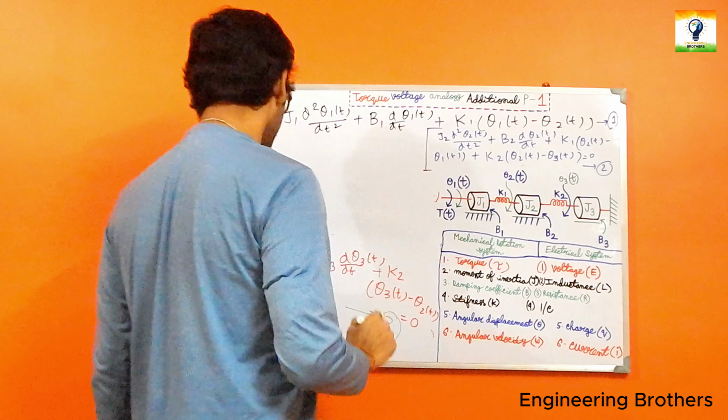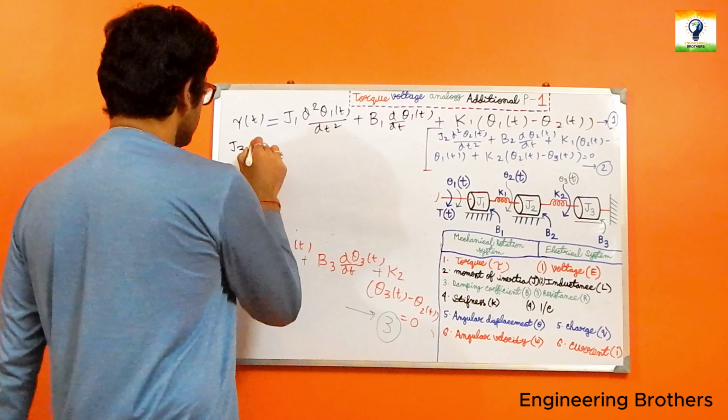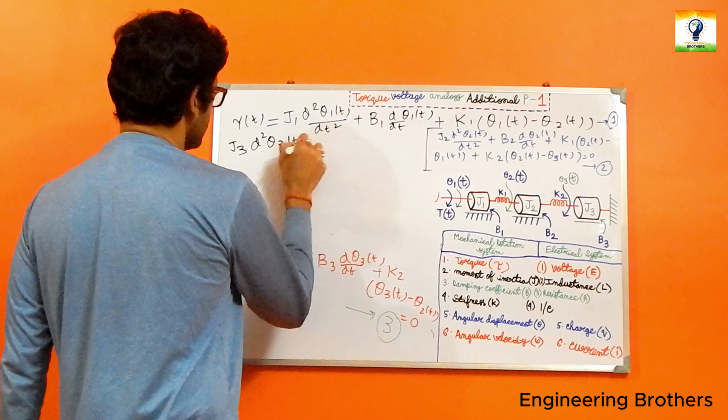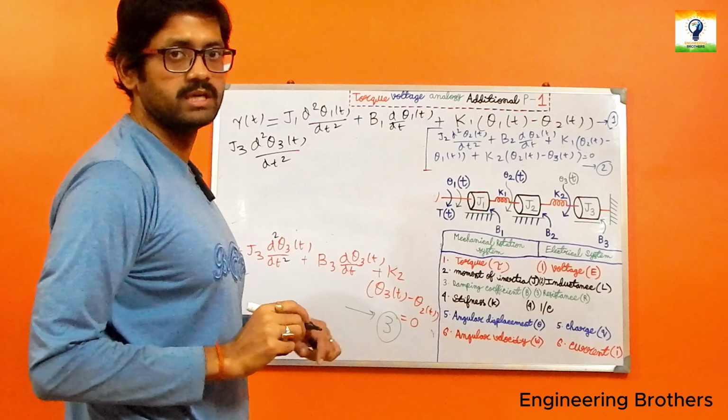And I'm just going to write down here the equation 3, which is J3 d2 theta t divided by dt2. I have got a silly mistake here.